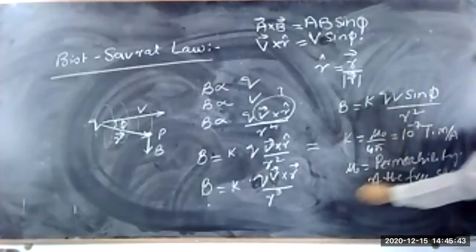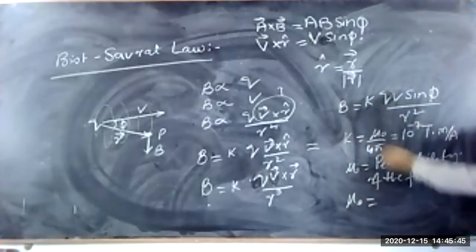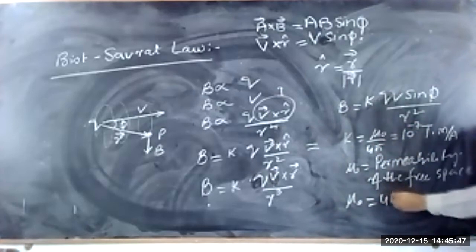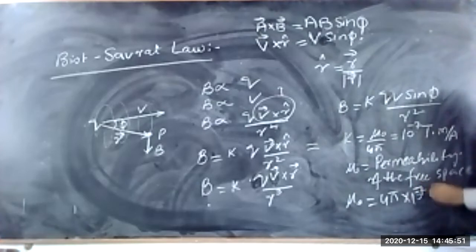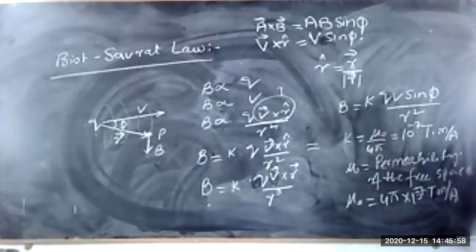By cross multiplication, mu naught is equal to 4 pi into 10 raised to power minus 7 Tesla meter per ampere.